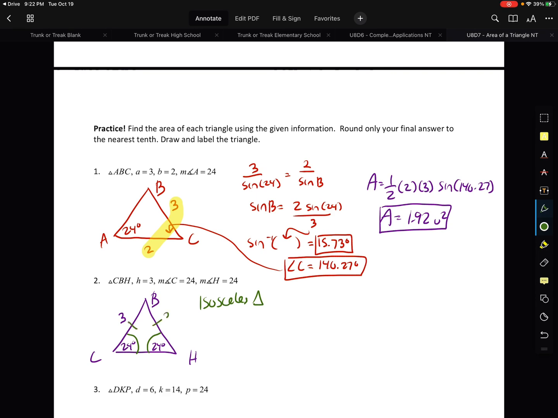And if the base angles are congruent, so are the legs. So if I know that the two bottom angles are 24, 180 minus 24 minus 24 is 132 degrees. Area equals 1/2 times 3 times 3 times sine 132. Area equals 3.3 units squared.